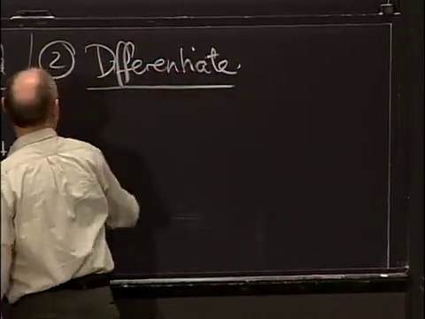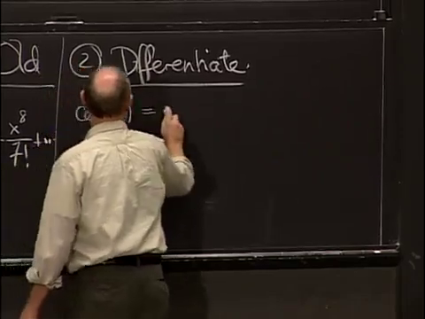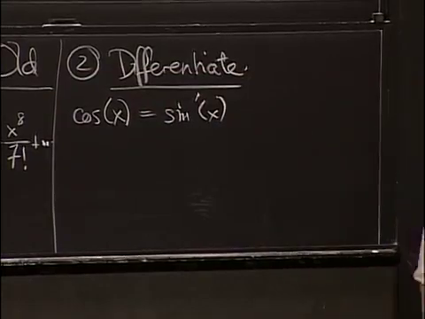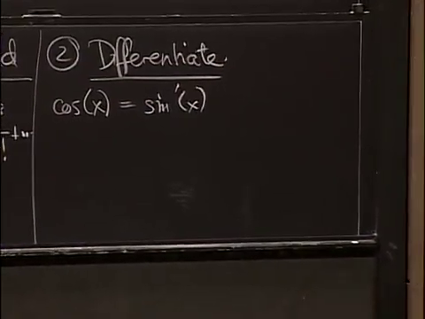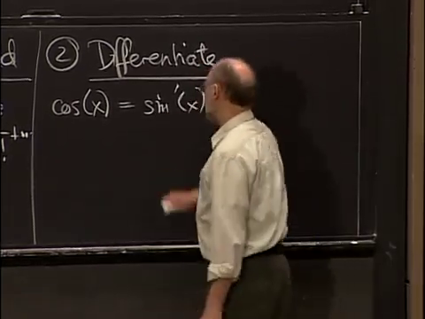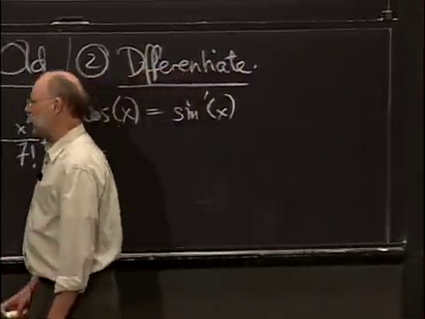So let's just do a case of that. And I'll use the process of differentiation to find out what the power series for the cosine of x is, by writing the cosine of x as the derivative of the sine and differentiating term by term.